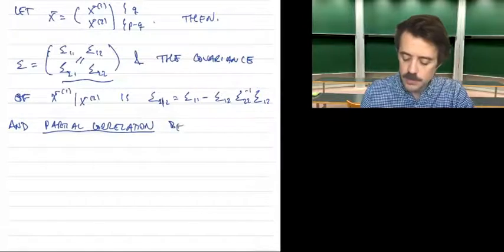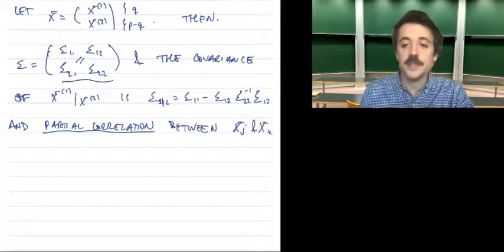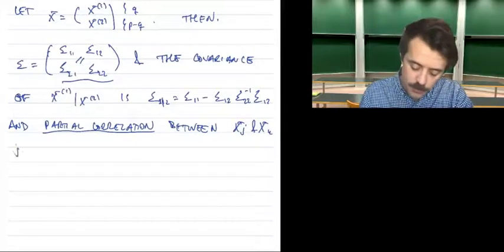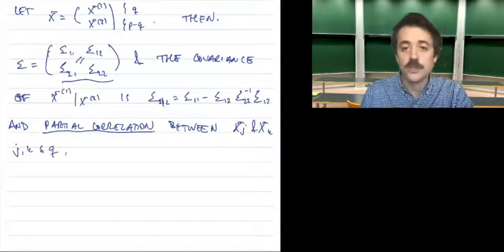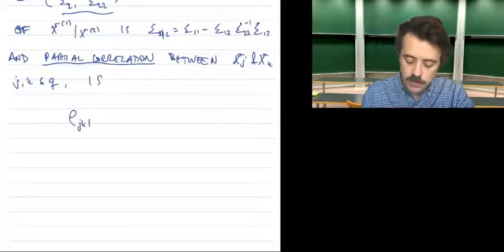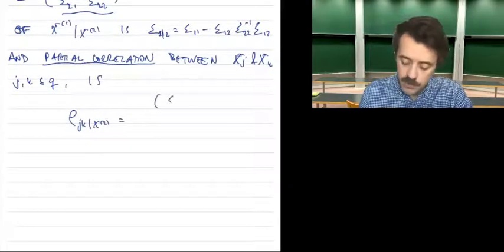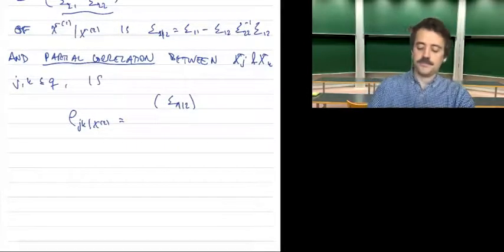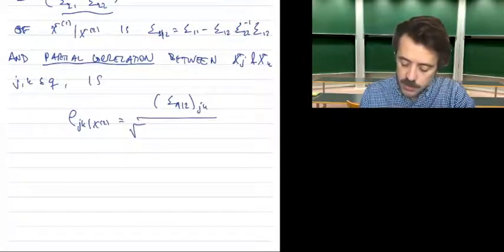This is really between two quantities, between xj and xk, for j and k less than or equal to q, given by rho_jk conditioned on x2. We take our new covariance matrix for the conditional random variable and look at the jk entry. It's exactly the same as before.